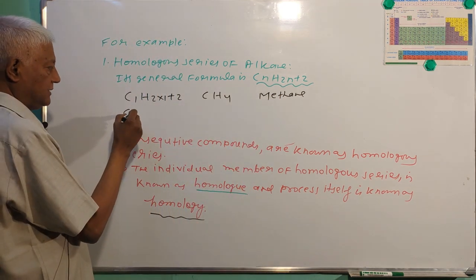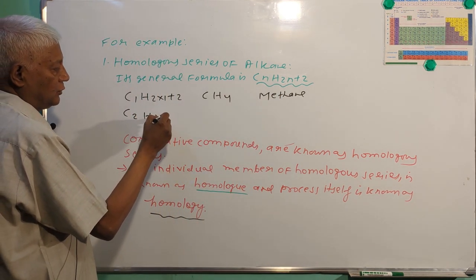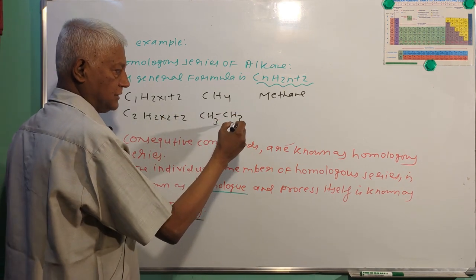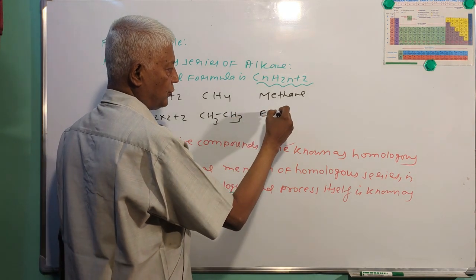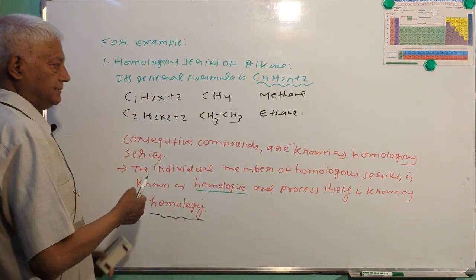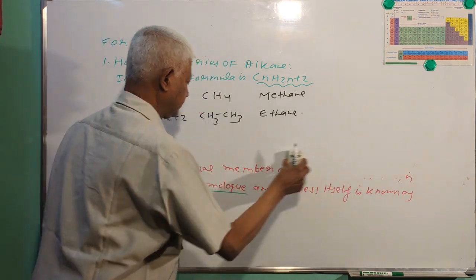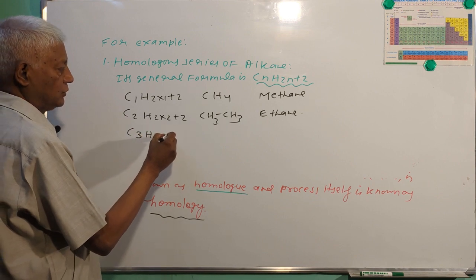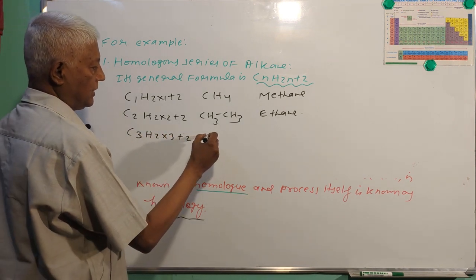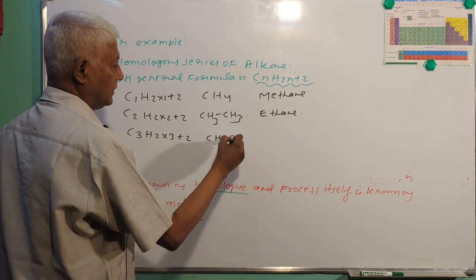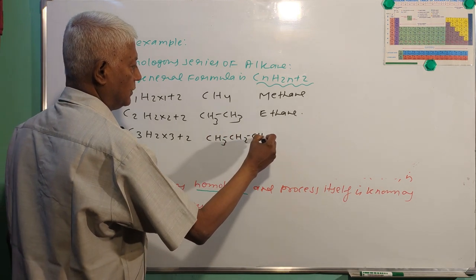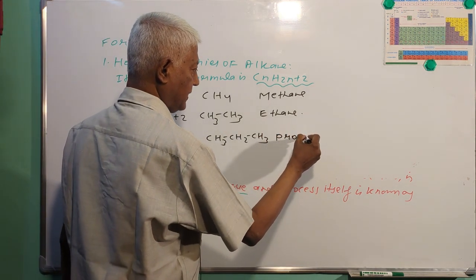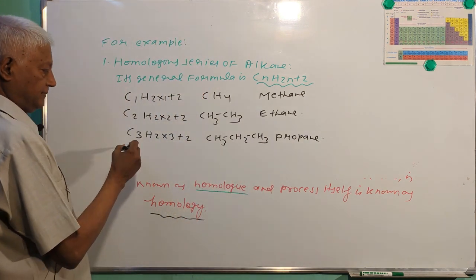Like this, if carbon is 2, we have 2 into 2 plus 2, so CH3CH3, 2 carbon, which is ethane. Then C3, 2 into 3 plus 2: CH3CH2CH3, 3 carbon, that is propane.